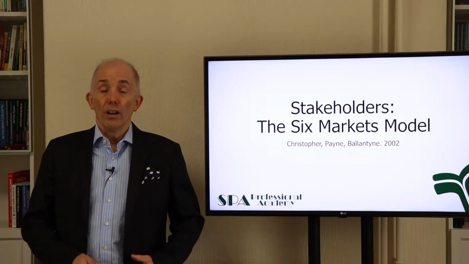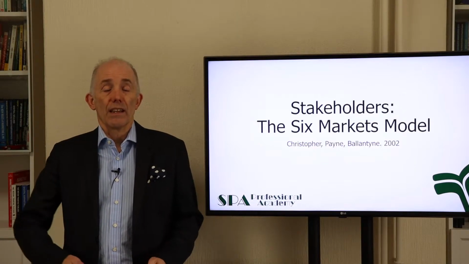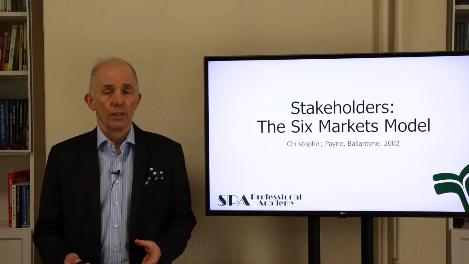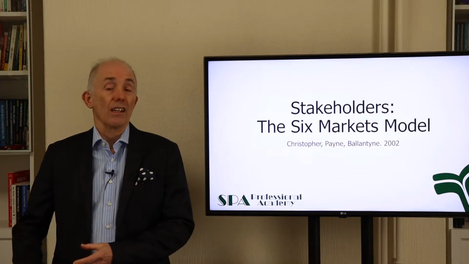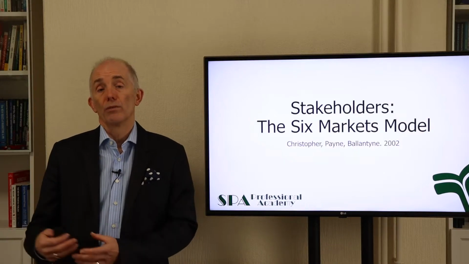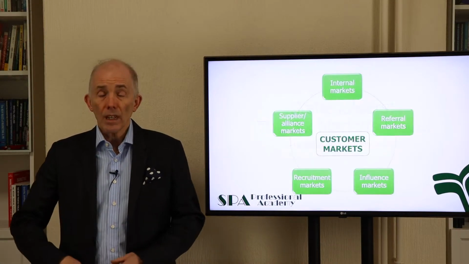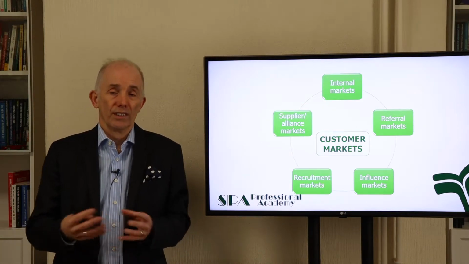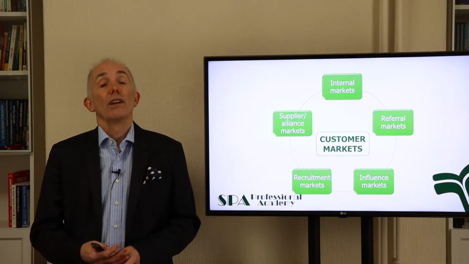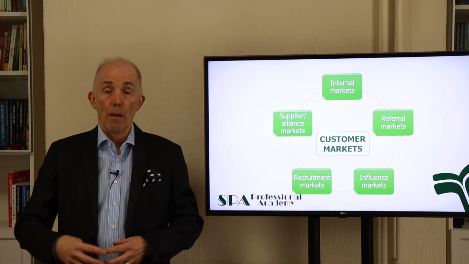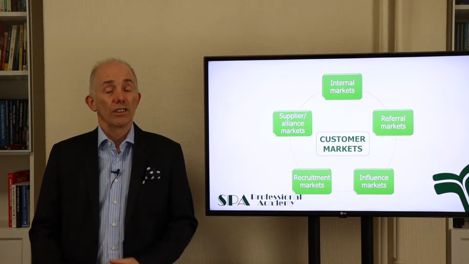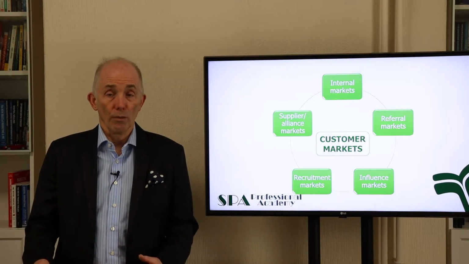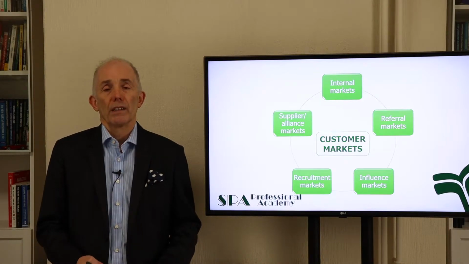But what is it? What are the 6 markets? Now, as I say, they are a way of understanding the stakeholders of an organisation, the stakeholders the organisation needs to build relationships with. So those 6 markets are all centred on, or include at the centre, the customer markets. Now, obviously, from a marketer's perspective, customer markets are the key one, the one that we think of most obviously from a marketing perspective.